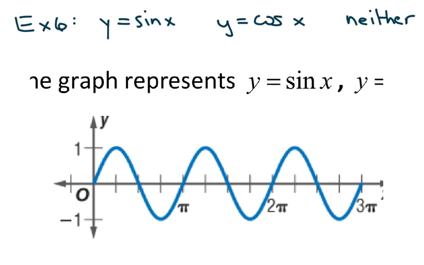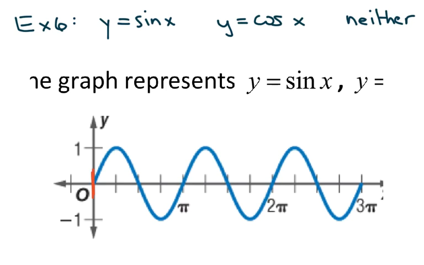In this last example, we want to determine if this graph represents the graph of sine x, cosine x, or neither of them. Well, first of all, remember that sine and cosine x have a period of 2 pi.